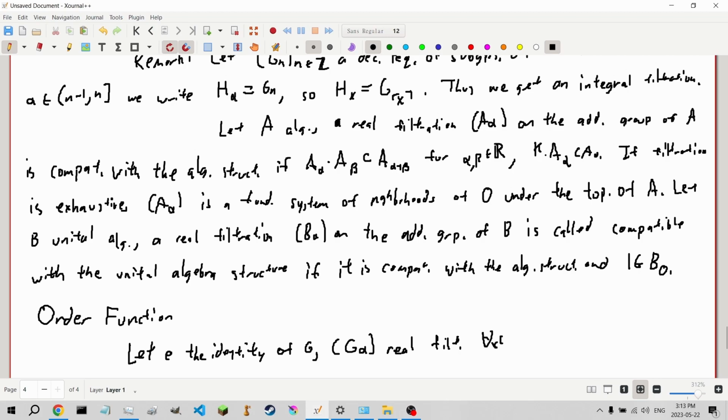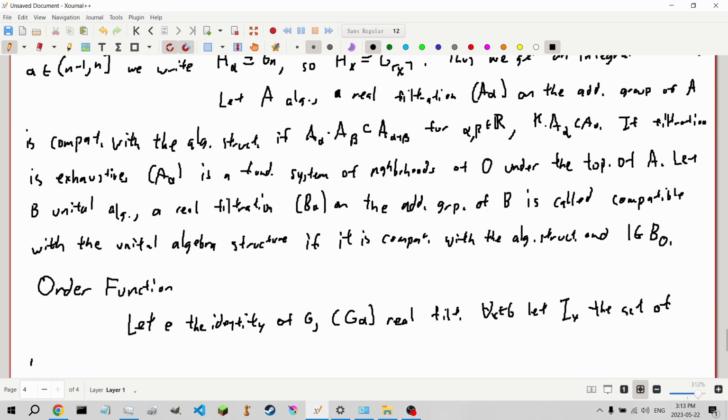For all x in G, let I_x be the set of real numbers alpha such that x lies within G_alpha.